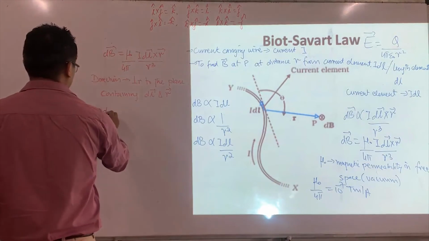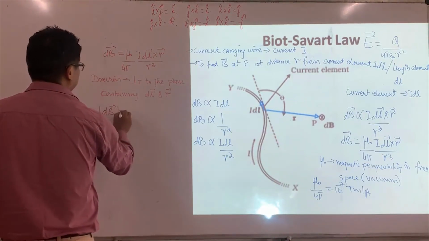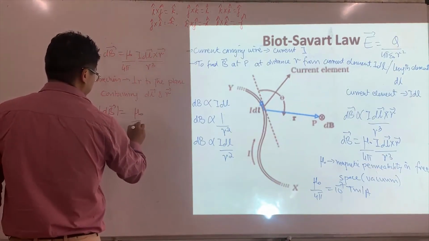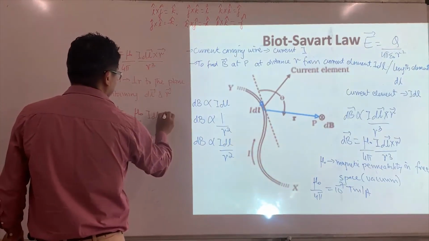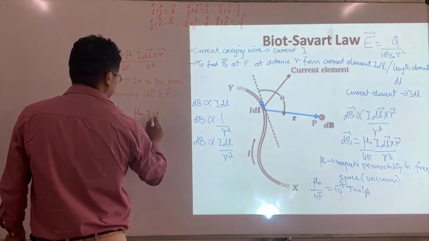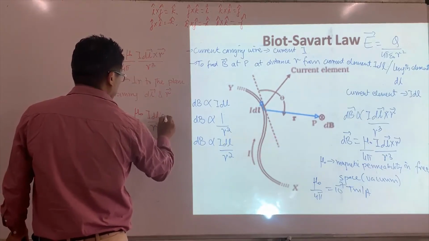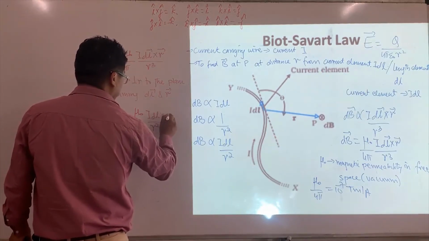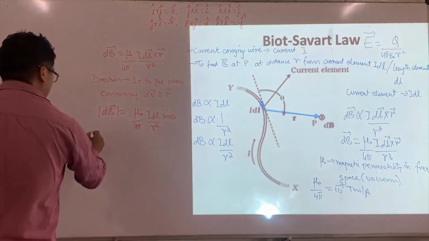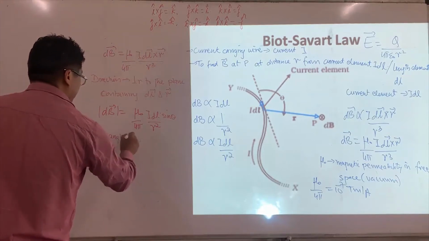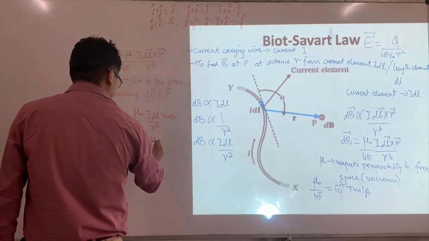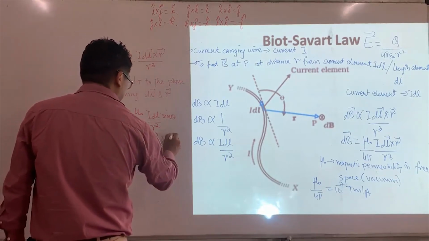What is the magnitude of this? Magnitude is going to be I dl over r square times sine theta, where theta is the angle between dl and r.